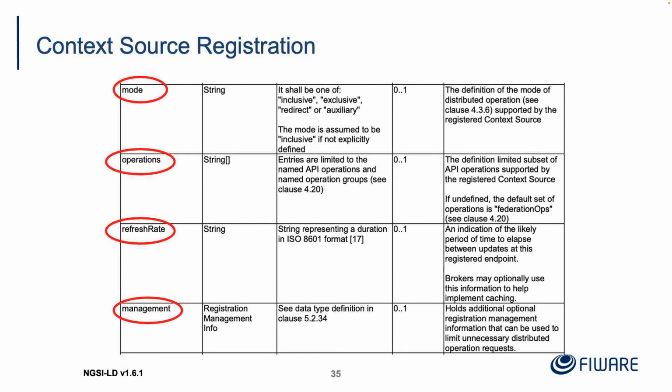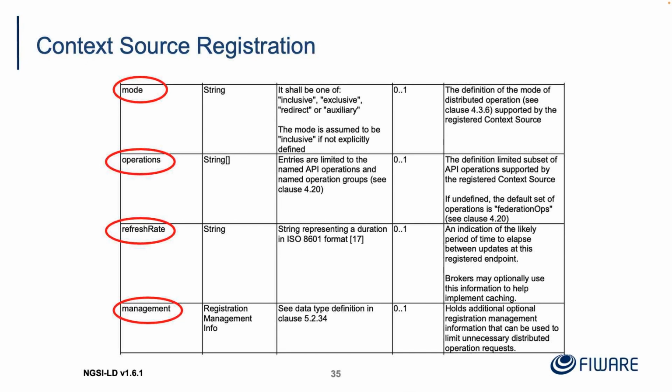You could cache it. So there are optional fields to say the refresh rate for this particular source is once a day. So maybe if you want to cache this particular request, best effort, you want to get hold of the information. And again, with management info, there are even more ways of trying to reduce unnecessary traffic.